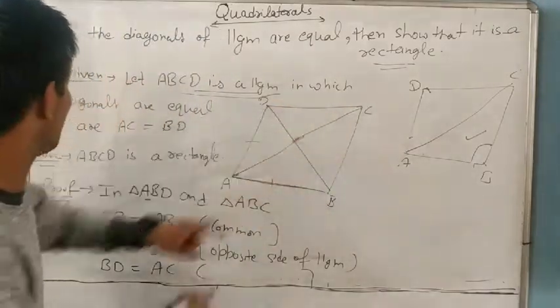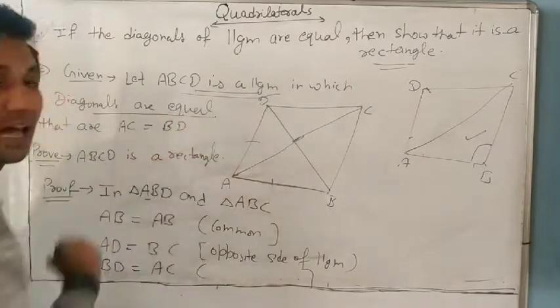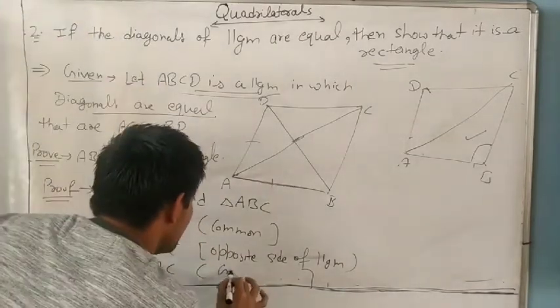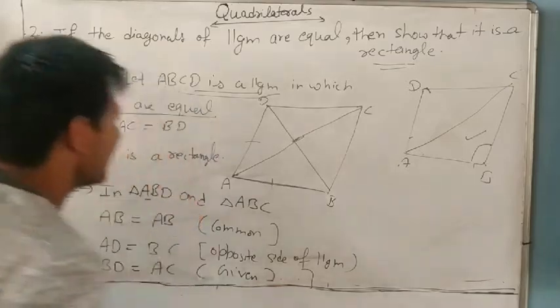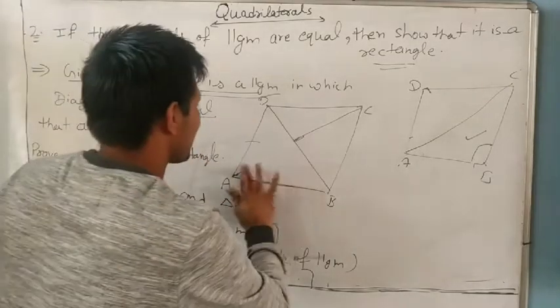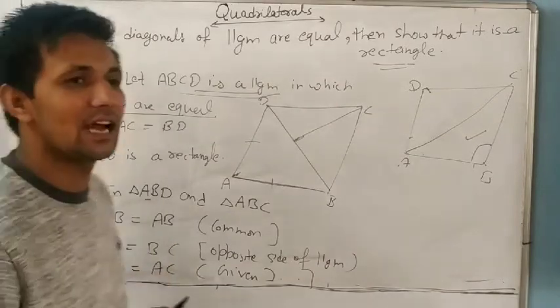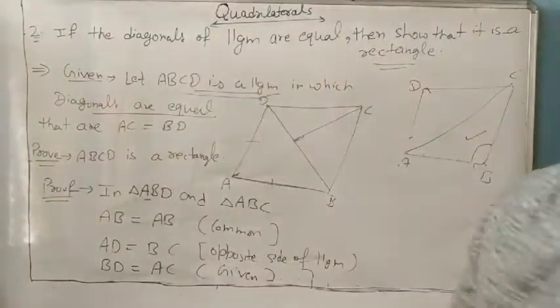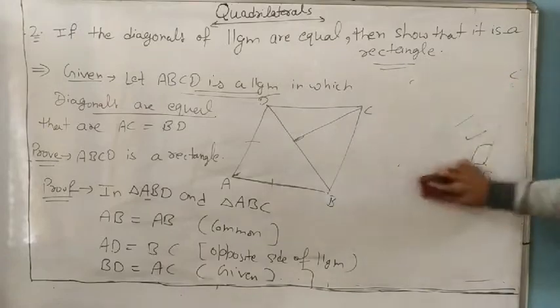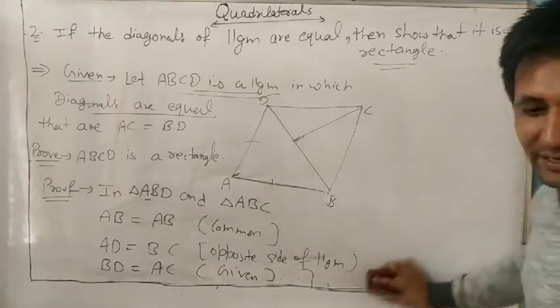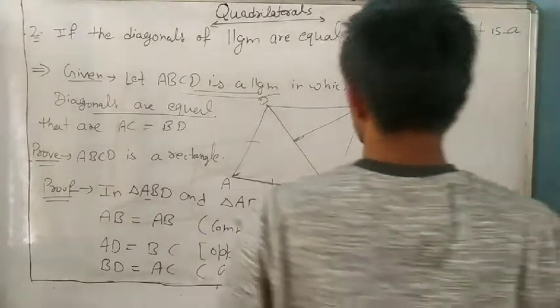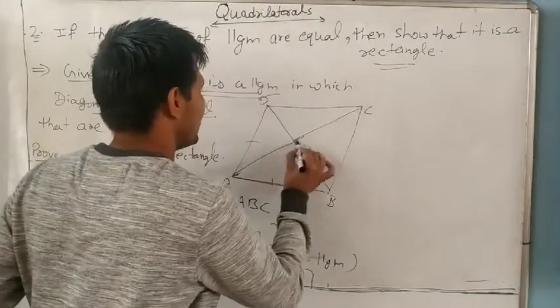Yes, it is also given that the diagonals are equal, so you can write given. And we know that if in two triangles all three sides are equal to each other, then the triangles are congruent. So therefore these two triangles are congruent.